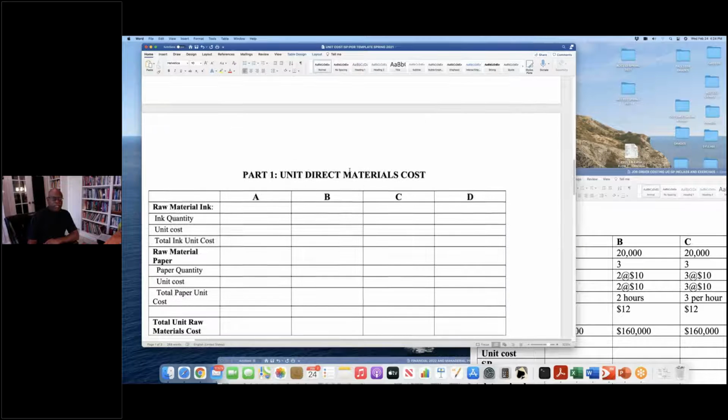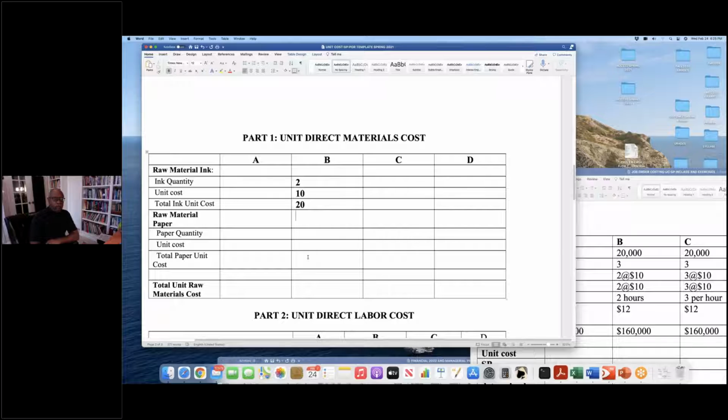Now we have to get to the details of the total cost. The ink quantity was 2 and the unit cost was 10, so the total ink cost is 20. Then paper is the same rate, 2 at 10, so that is 20.